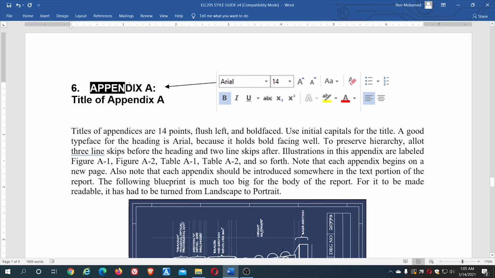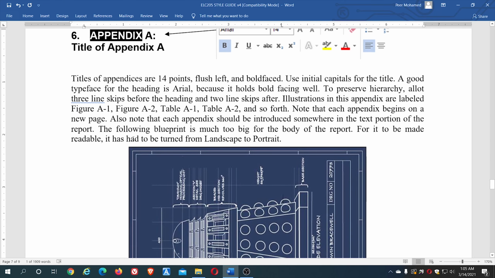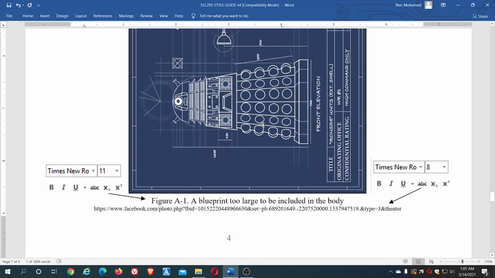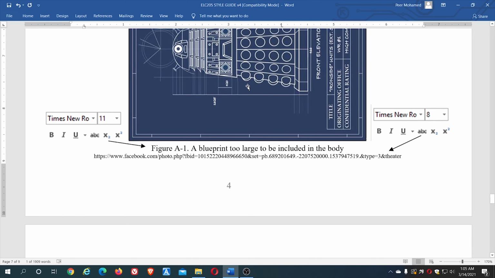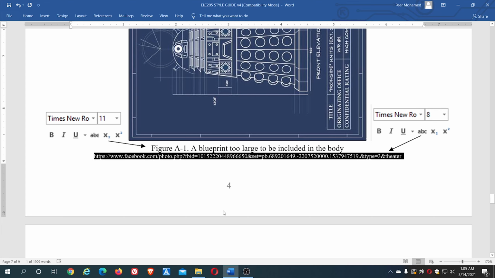You can see the title is written in Arial font, size 14 and bold as usual. So this is a small description about your appendix, and you have attached the picture. And again, this blueprint, you didn't make it, you have taken it from a website, so you have given the source. The source will be very long, so you can type it in Times New Roman.